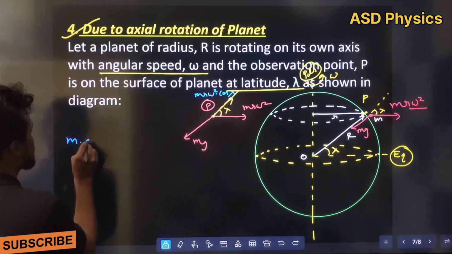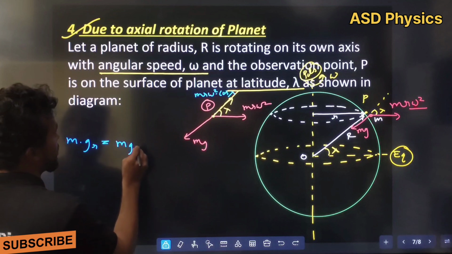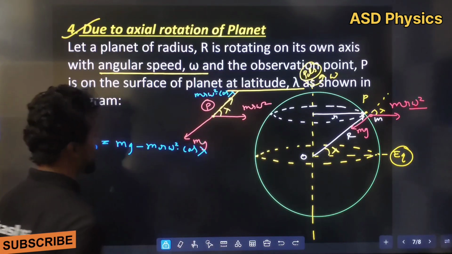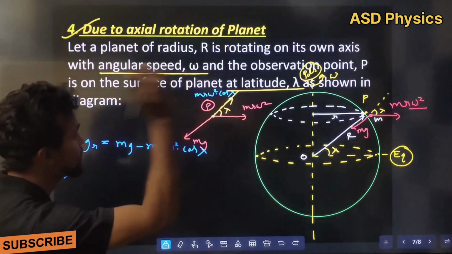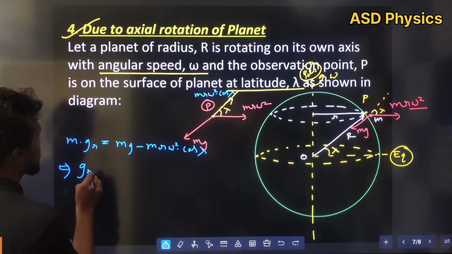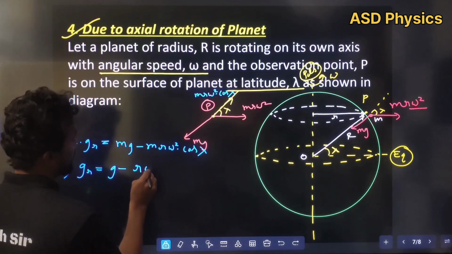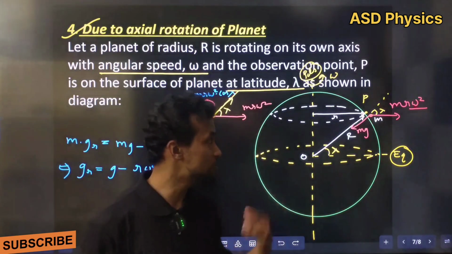So mass into gravity m g', that means due to rotation, is given by mg minus m r omega square cos lambda, is it? Even this is called sometimes effective weight also. So m will cancel both the sides, that means we can write here this g' equal to g minus r omega square cos lambda. Do you think is there any relation between small r and capital R?